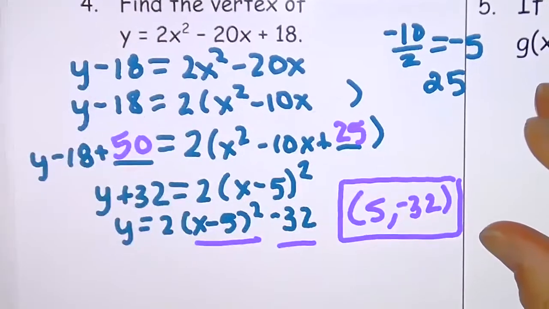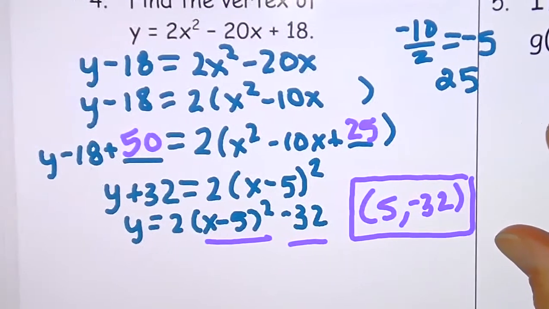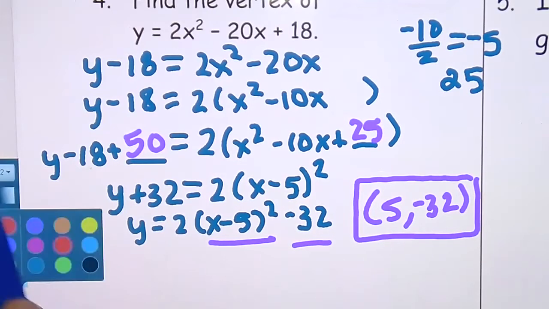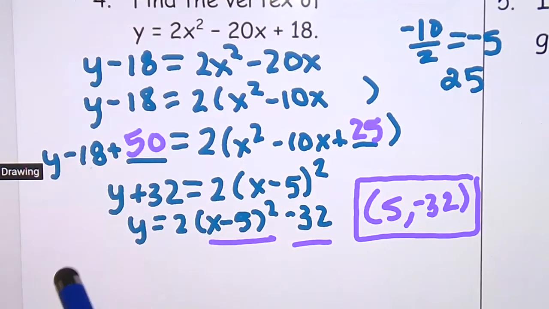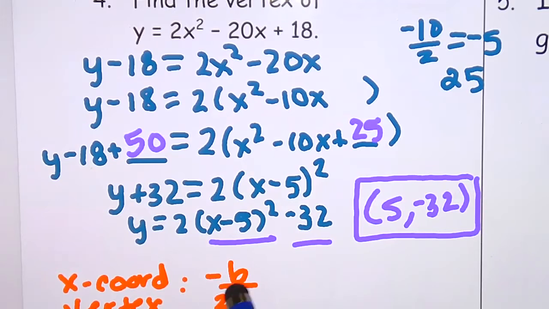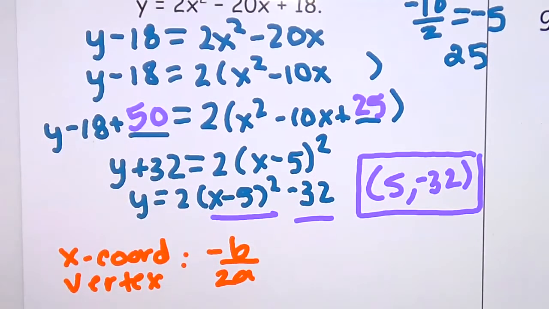Another way to find your vertex is there is a formula for the x coordinate of your vertex. And that is that the x coordinate of the vertex is equal to negative b over 2a.